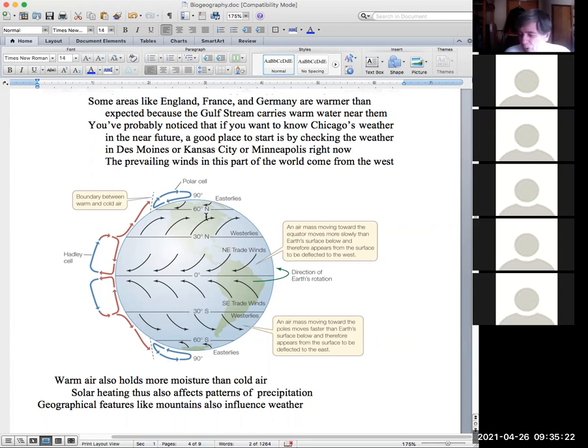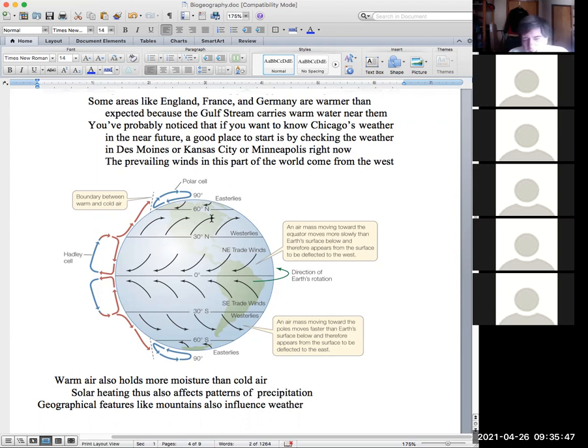If they're coming from the northwest, that would be more Minneapolis. If they're coming from the southwest, that would be more Kansas City. If they're coming more directly west, then it would be Des Moines or Omaha if we go a little bit further west than that.